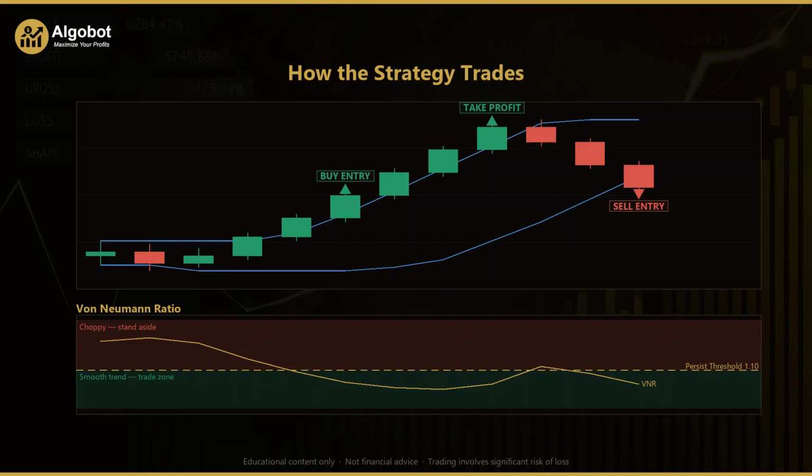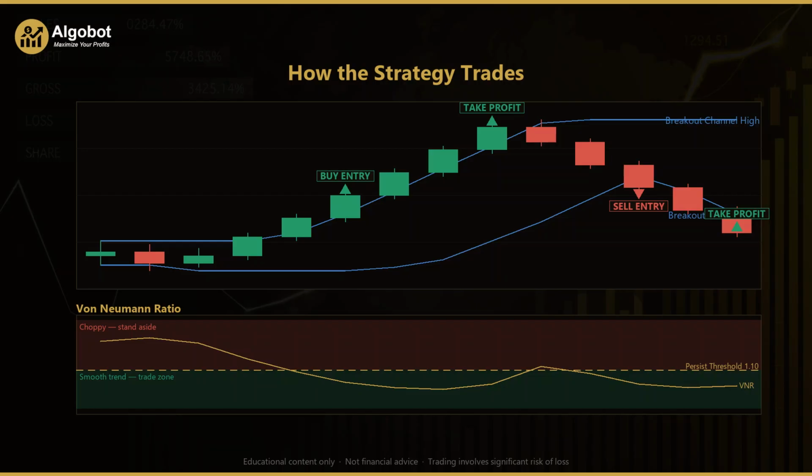After that peak, notice the character of the market change. Price stalls, rolls over, and the von Neumann ratio briefly pops back above the threshold as the move loses its smoothness. The strategy stands aside again while things are unsettled. Then a second clean move develops, this time to the downside.